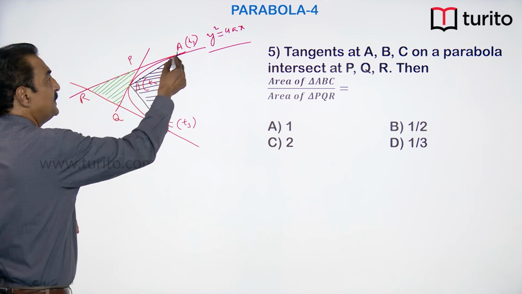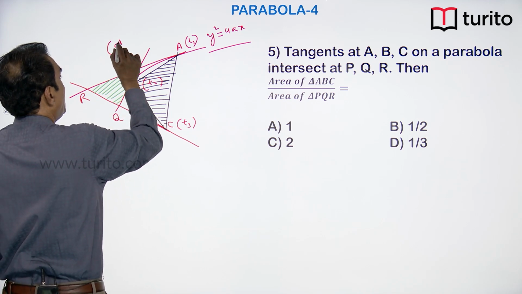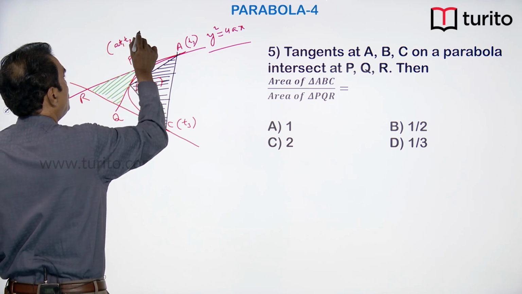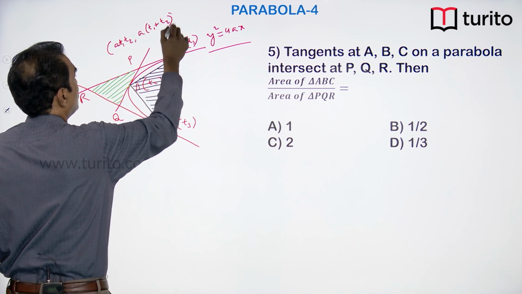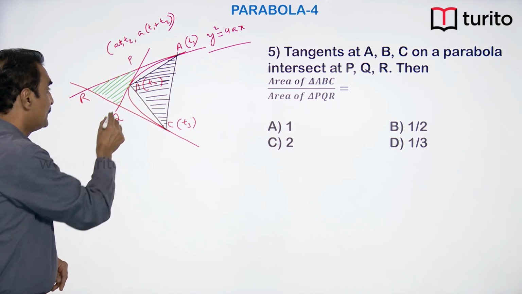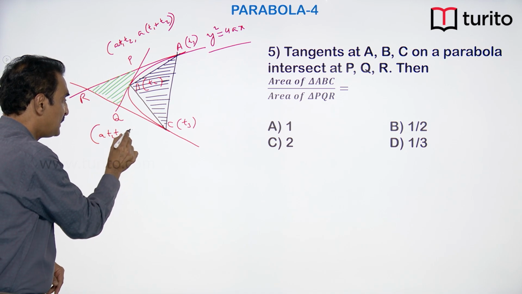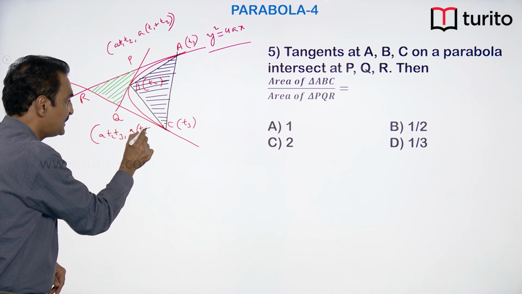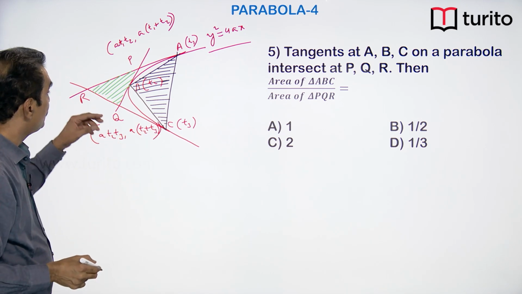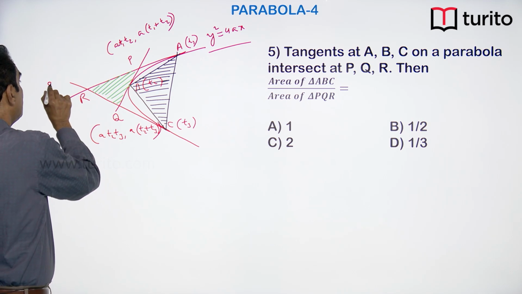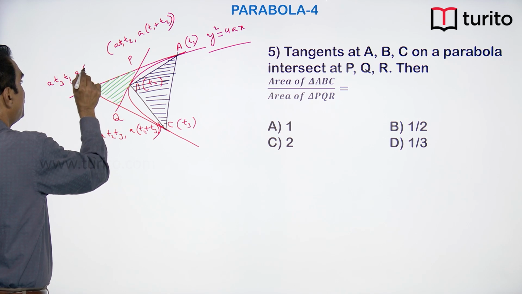P, the point of intersection of the tangents at t1 and t2, is A t1 t2 comma A into t1 plus t2. Q is A t2 t3 comma A into t2 plus t3, and R will be A t3 t1 comma A into t3 plus t1.